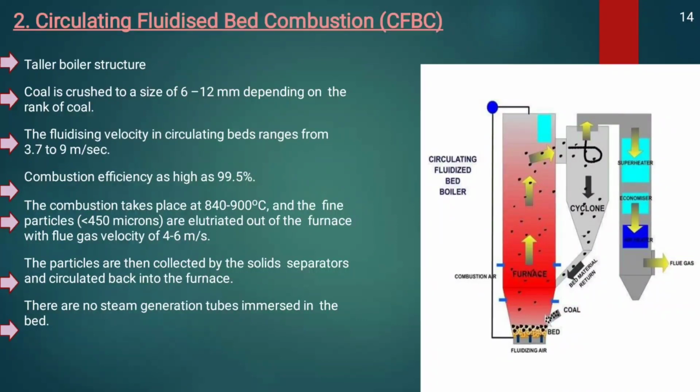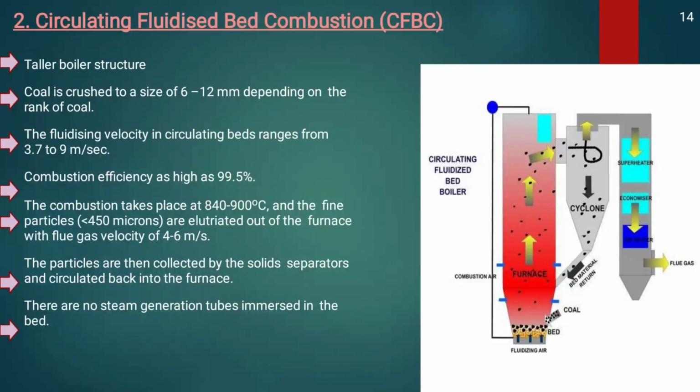Circulating fluidized bed combustion. This is the taller boiler section. Coal is crushed to a size of 6 to 12 mm depending on the rank of coal. The fluidizing velocity in circulating beds ranges from 3.7 to 9 meter per second. The combustion efficiency is highest, 99.5%.